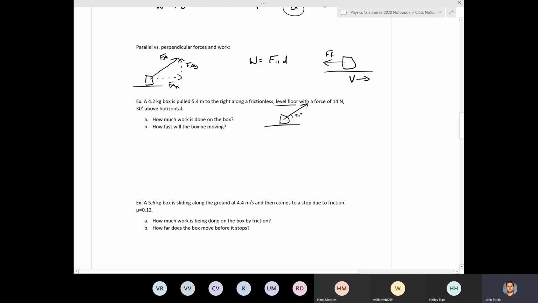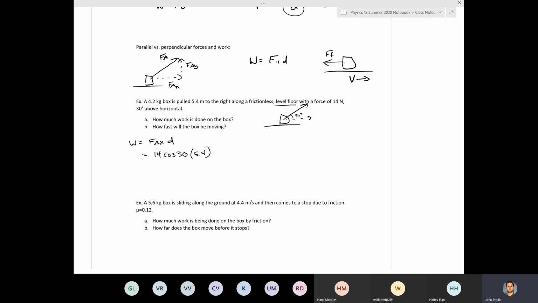So how much work is being done on the box? Well, the work being done on the box is going to be FAX times D. It's just this part of the force. And so we would say 14, and then that's adjacent to 30, so that'd be cosine 30 times 5.4 meters. That's what you're doing.